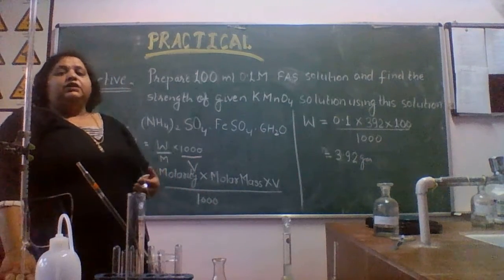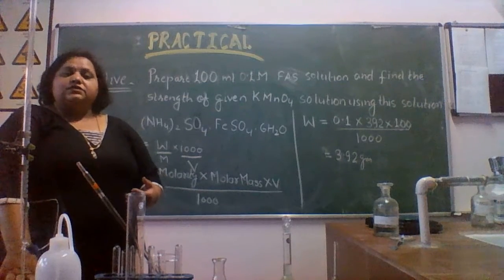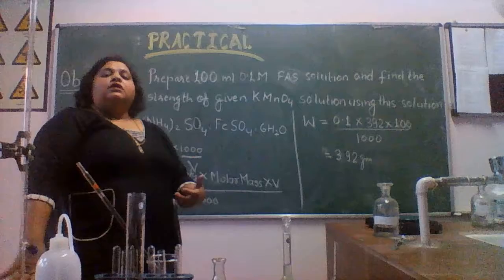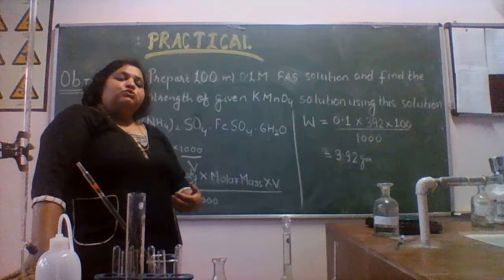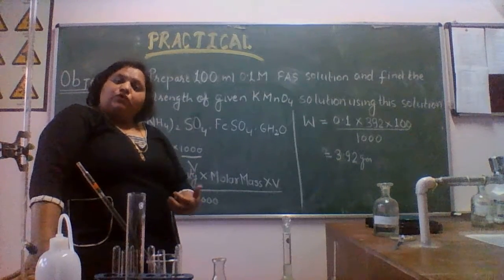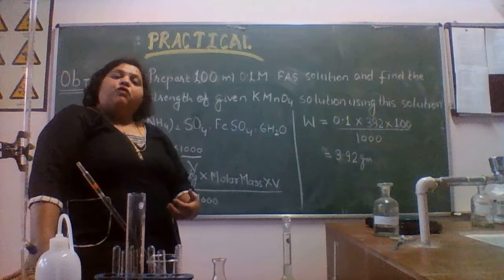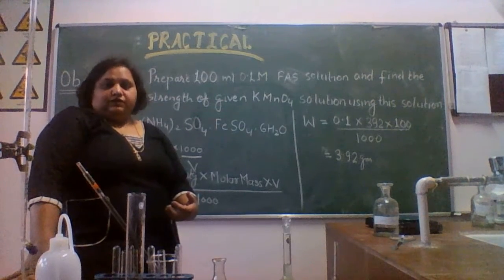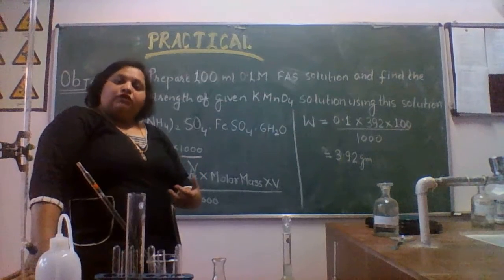The experiment that we are going to learn here is volumetric analysis, and in this experiment, with the help of one solution of known strength, that is known as the standard solution, we find out the strength of another unknown solution, right? Two formulae are required here for the calculation.